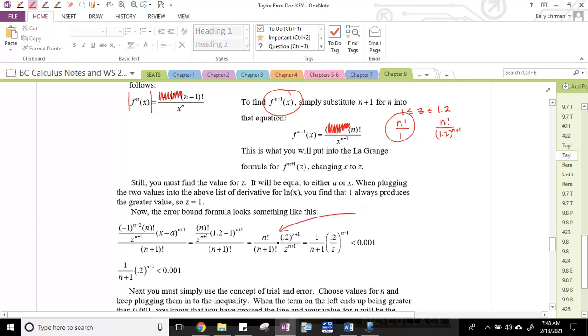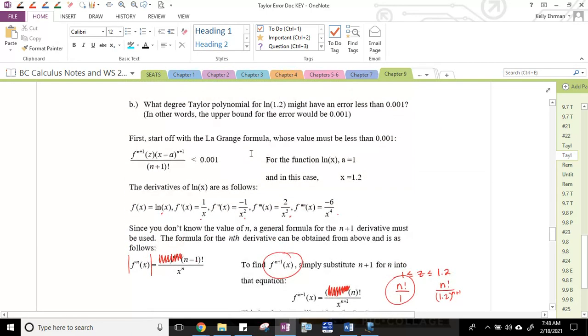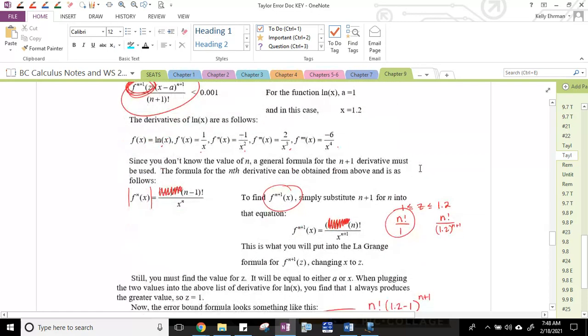My formula is n factorial, because that's what f to the n plus 1 of z is equal to, times 1.2 minus 1, x minus the center, to the n plus 1 power, over n plus 1 factorial. Okay, and I'm just filling this in. I figured out what the max derivative was.